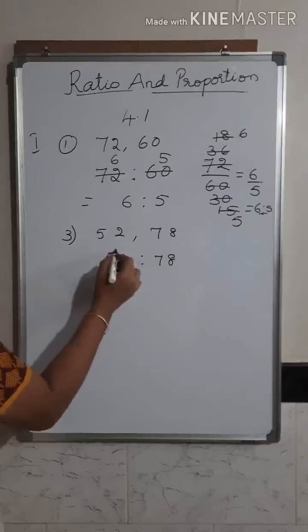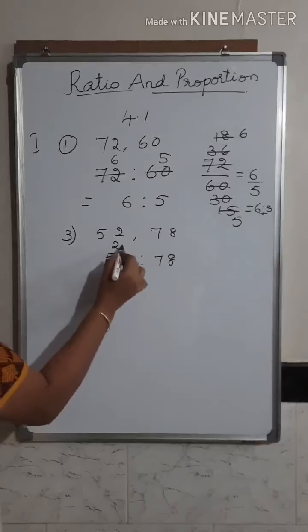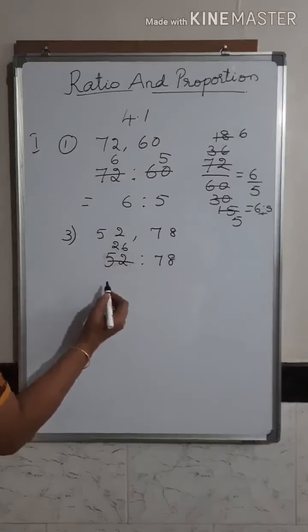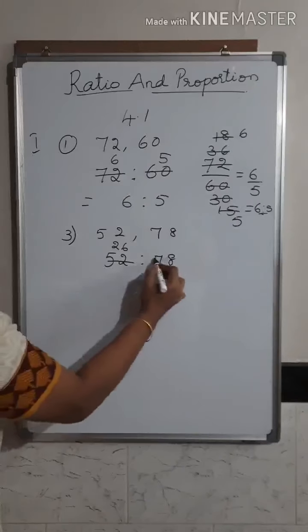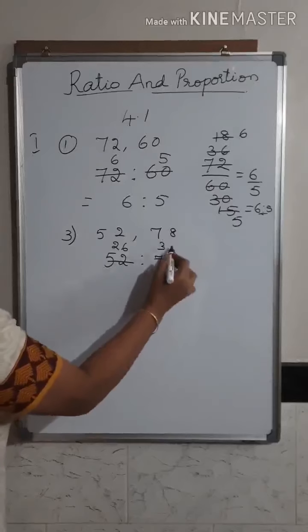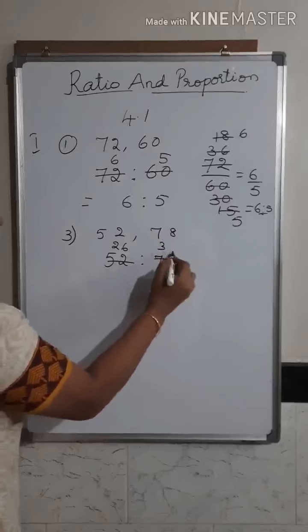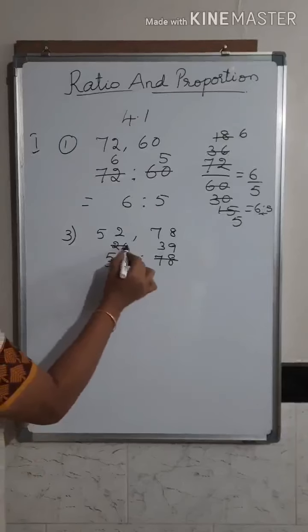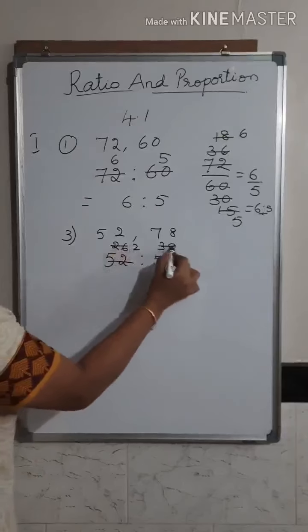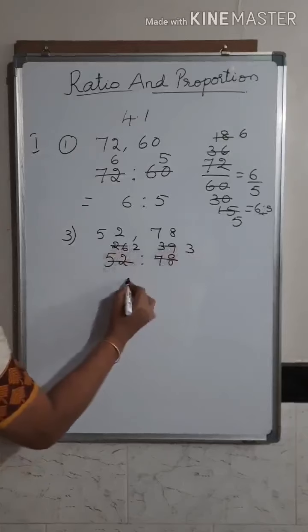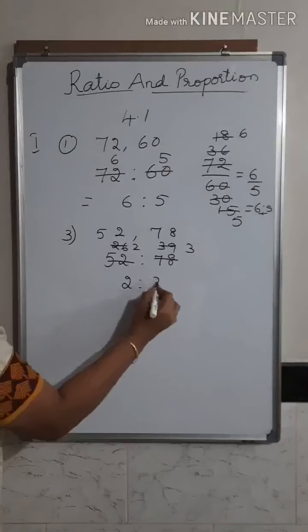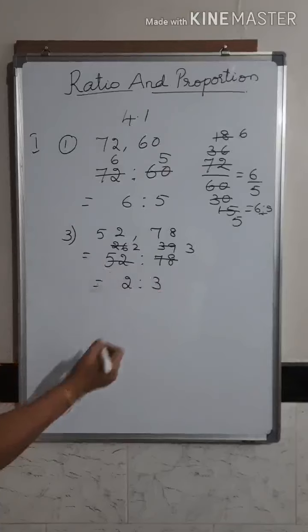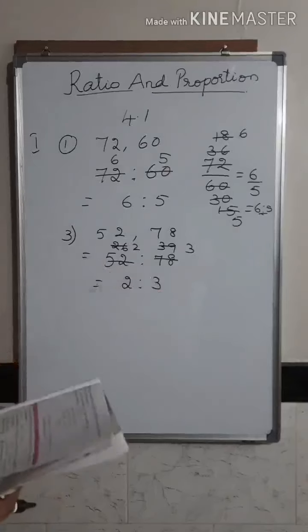So cancel it by 2: 2 2s are 4, 2 6s are 12, 2 3s are 6, 2 9s are 18. I think this can be cancelled by 13: 13 2s are 26, 13 3s are 39. So in the simplest form this is 2 is to 3. So like this you can do the cancellation and write it in the simplest form.